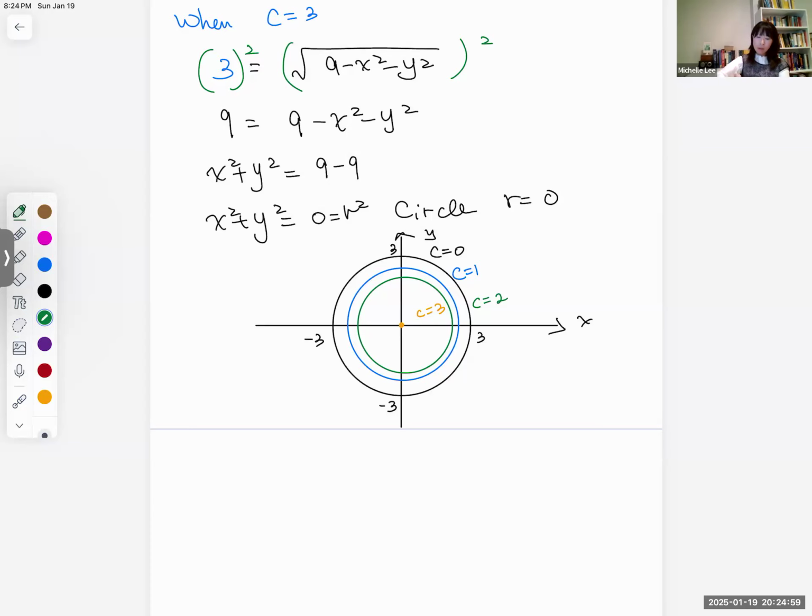So this graph, we say the contour map, right? And then all of it together is the level curve map.